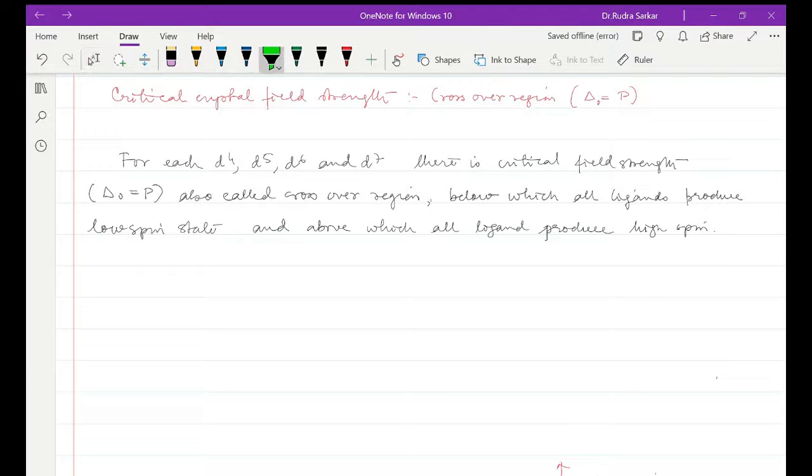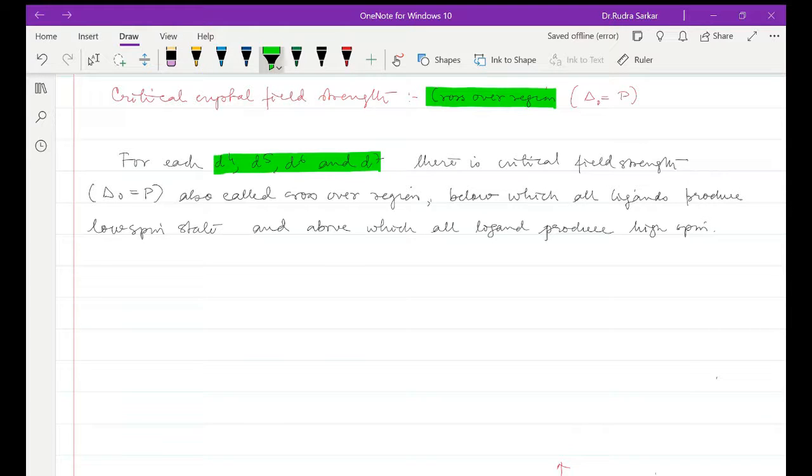Now in this particular lecture we are going to discuss what is critical field strength, and it is also known as the crossover region, and it happens when the delta O is equal to P. So we have studied that for systems like D4, D5 and D7, they may exist as either a high spin complex or a low spin complex, but such a thing is not possible for D1, D2, D3 or D8, D9, D10.